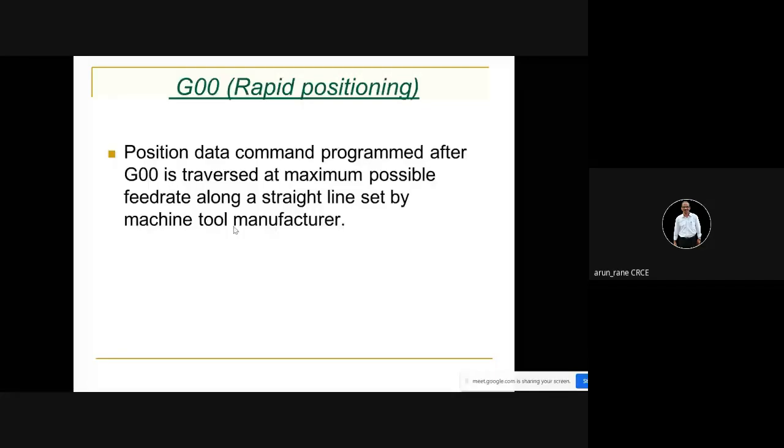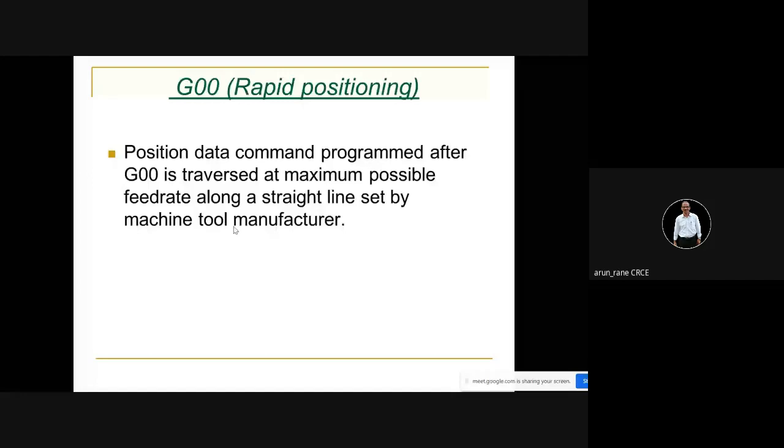Then you have to move the tool fast, because if you move the tool slow, unnecessarily your time is going to be consumed. So in order to save on the time, you have to move the tool fast, move the tool or move the table, either way.